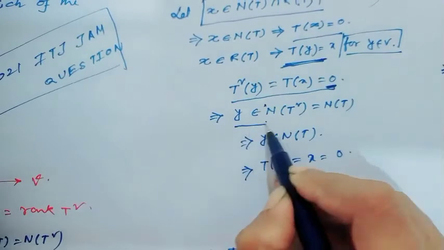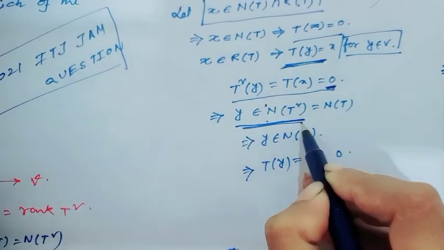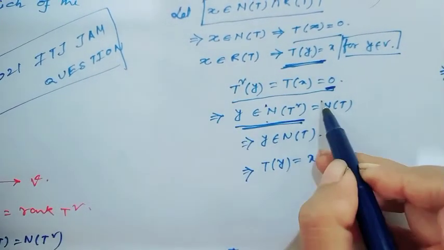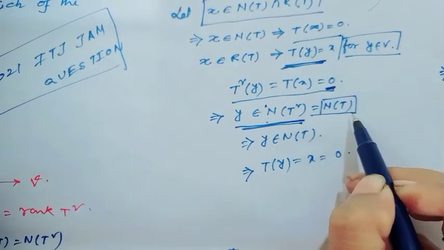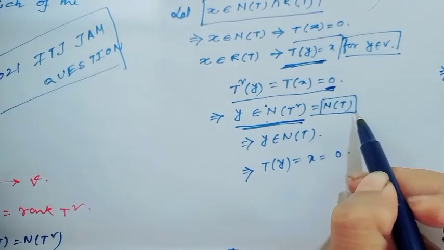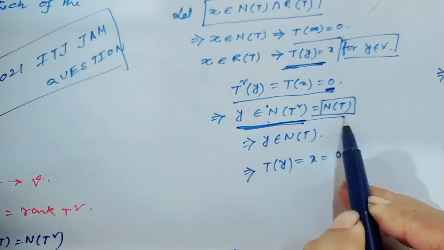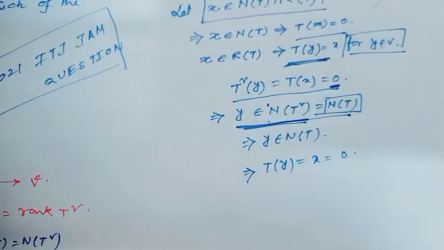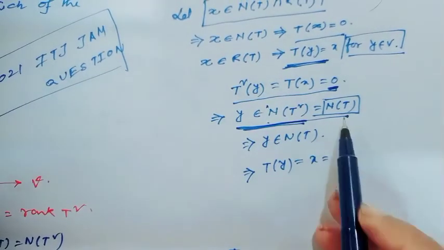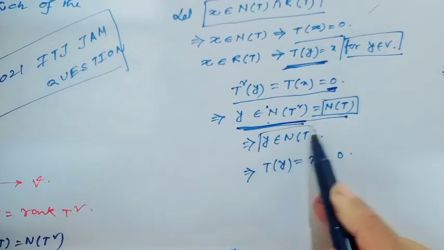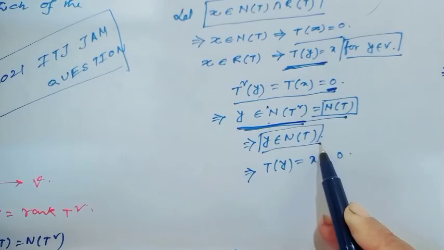So since y belongs to the null space of T square, which is equal to the null space of T, this implies y also belongs to the null space of T.